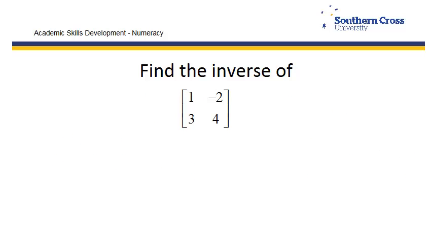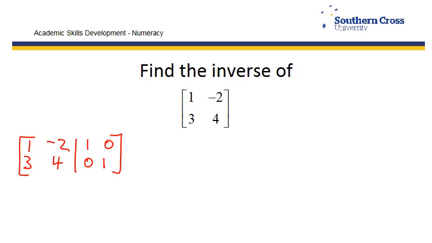Now, this is exactly the same question, but this time we're going to do this by a process called row reduction. We're going to start off with the matrix on one side of an augmented matrix, and on the other side we're going to have the identity matrix.